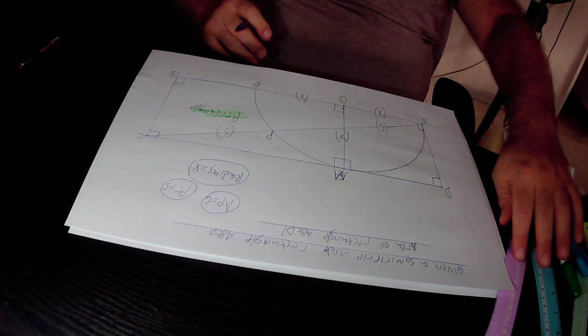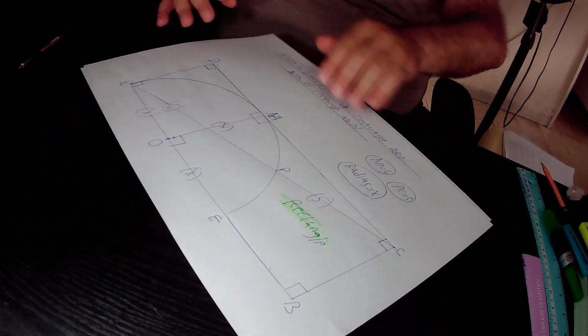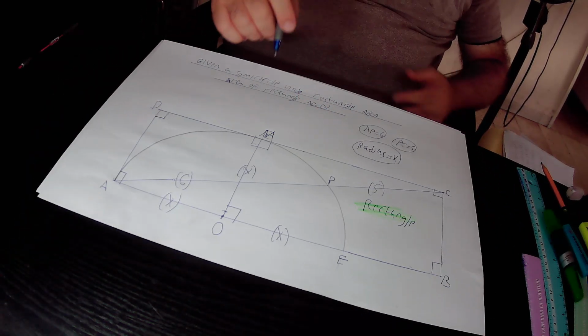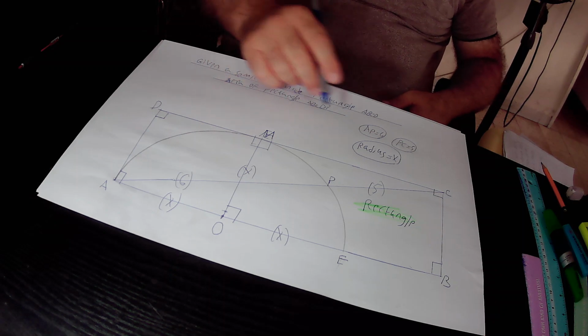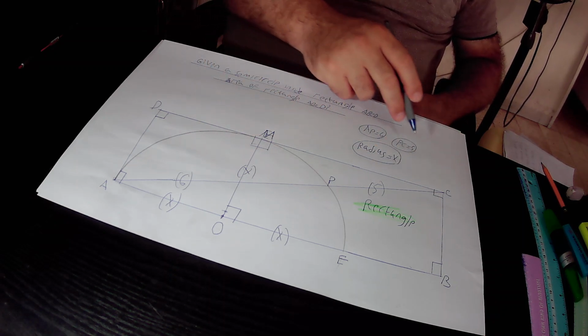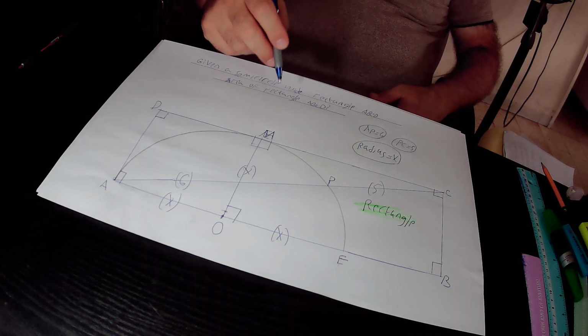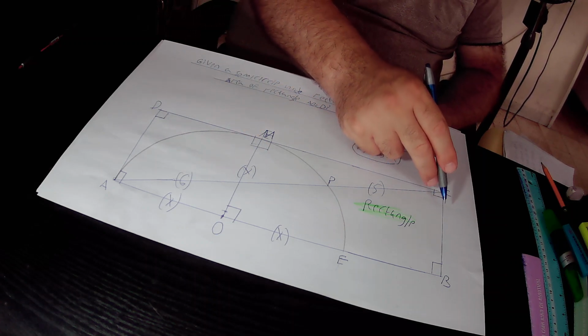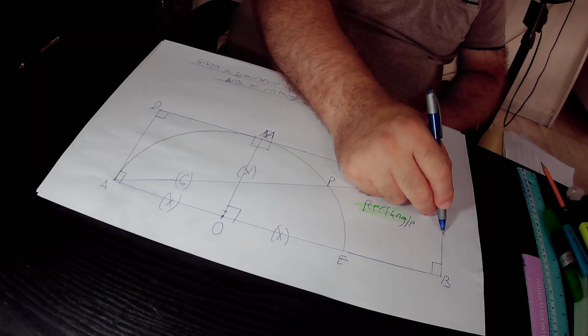We also know that the opposite sides of a rectangle are equal to each other. So in rectangle MCBO, side MO must be equal to the opposite side CB. But MO is x, therefore the opposite side CB must also be equal to x units in its length.